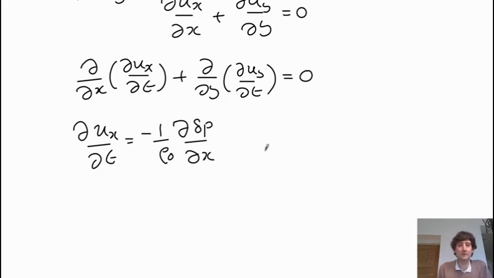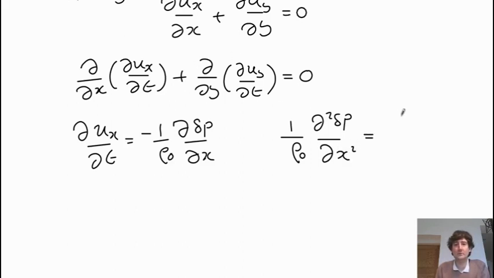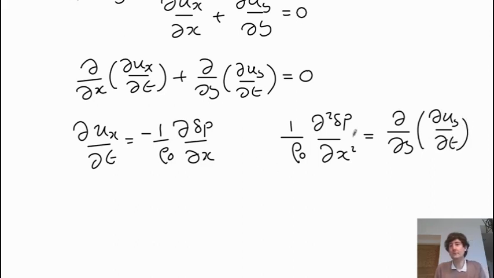And so we can write down that we have 1 over rho naught d2 delta p by dx squared is equal to this. So it equals d by dy of duy by dt. Okay, so this is going to be useful very shortly.